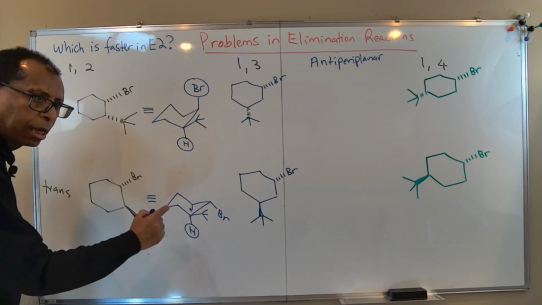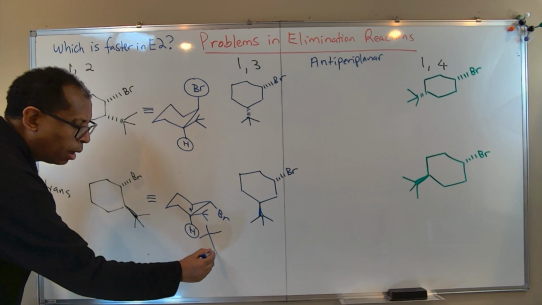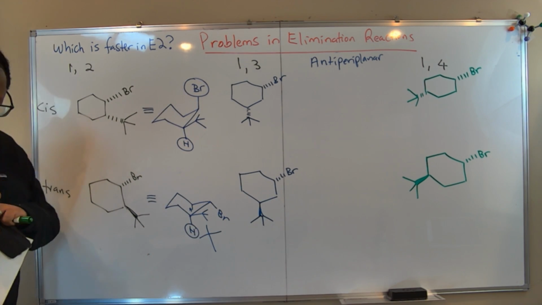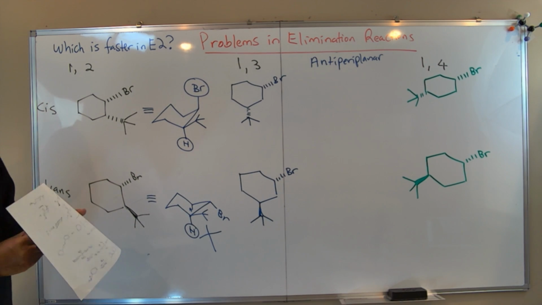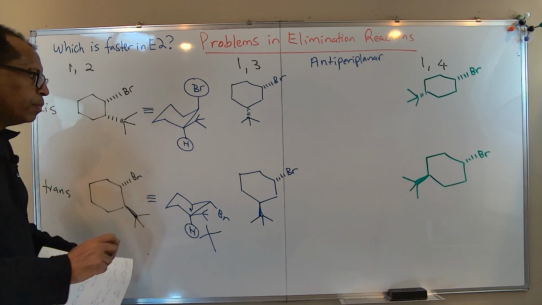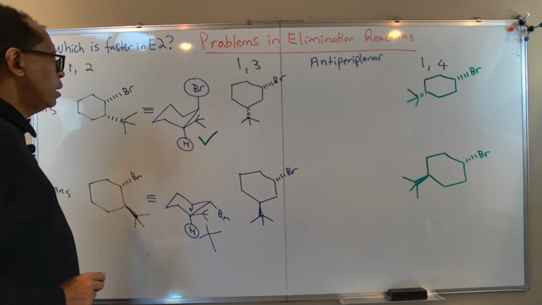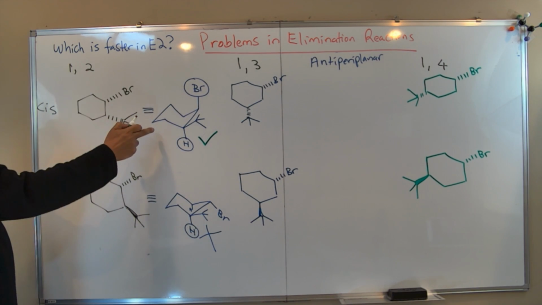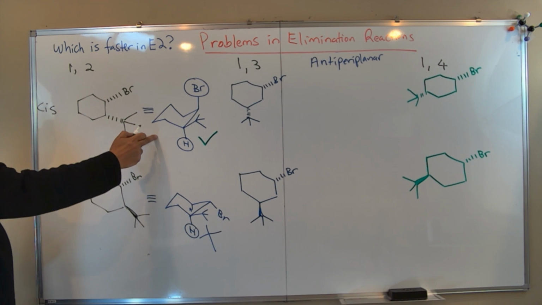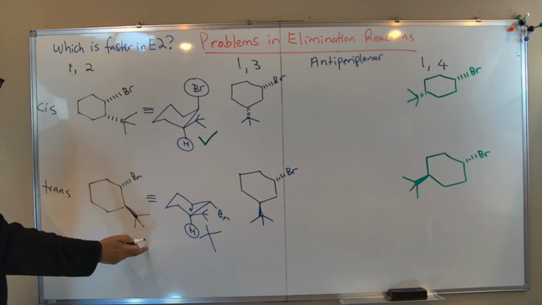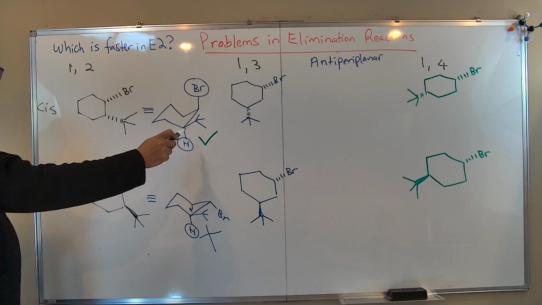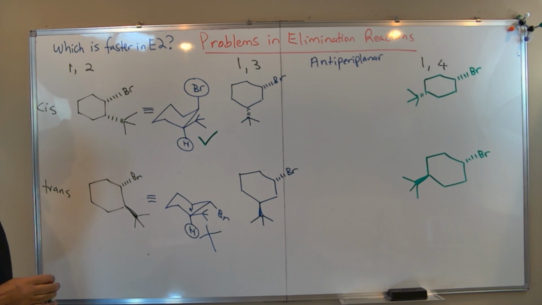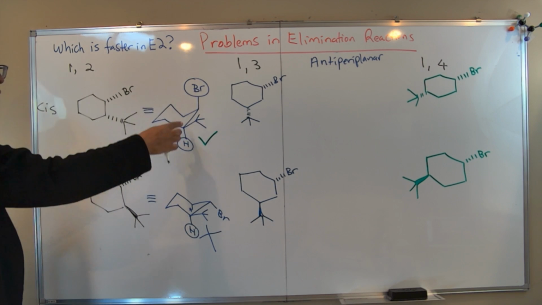So this doesn't have a good anti-periplanar, but this has anti-periplanar. Hence, this one would react faster. So in the cis form, it is more reactive for E2 elimination than the trans form. So the faster would be this reaction, because it allows you to do the anti-periplanar elimination.